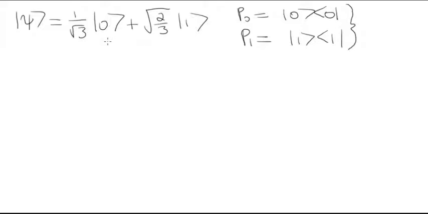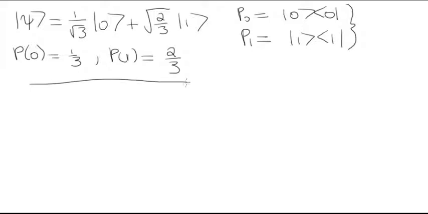So straight away we know the answer. The probability of it collapsing to ket 0 is equal to 1/3, and the probability of it collapsing to ket 1 is equal to 2/3. So this is the answer.